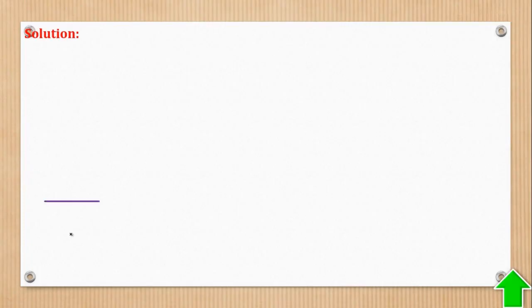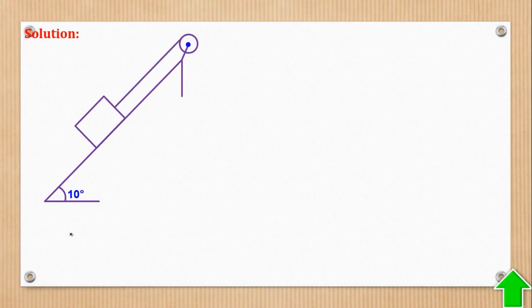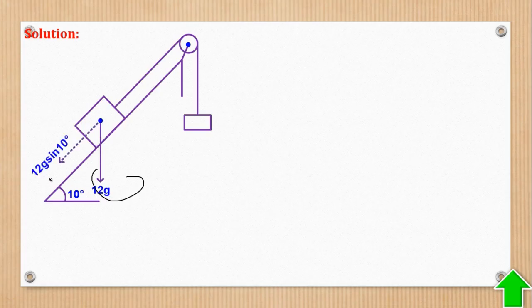So first we need to redraw the given diagram so that we can show the forces. That's the inclined plane, those are the masses. Then we shall show the forces. First is weight, of course, acting vertically downwards, and this is the component parallel to the plane, this is the component perpendicular to the plane.